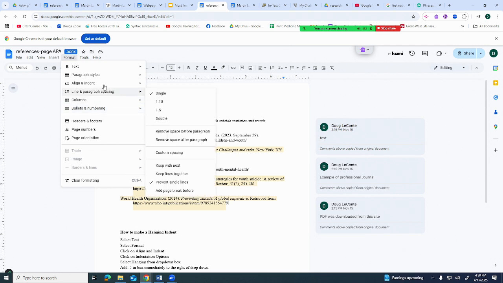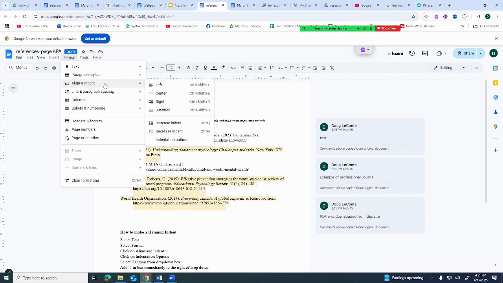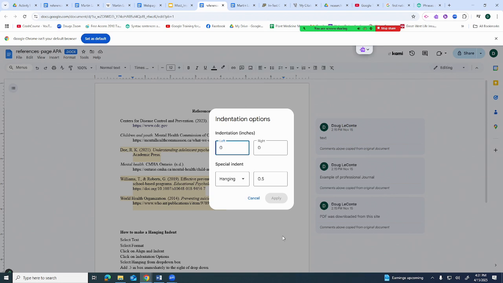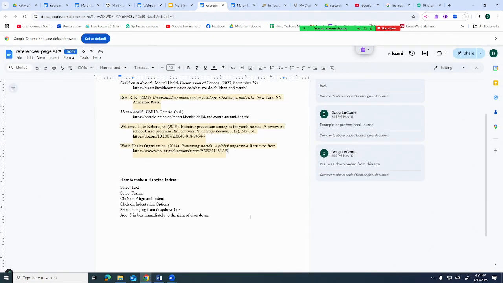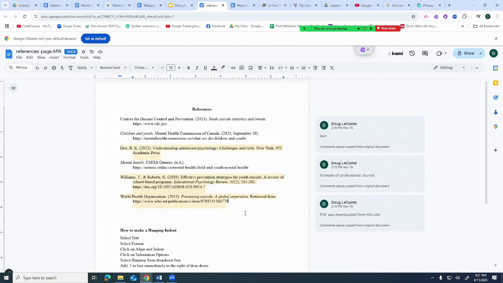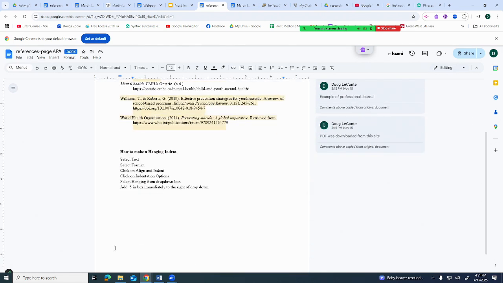I know how to do it on Word. Oh, indentation options right there. So if you click on that, notice right here it says hanging indent. So you just select your text, and then you create a hanging indent for it like that. Okay, so we won't belabor this. I just want to identify how you could do that in Google Docs.